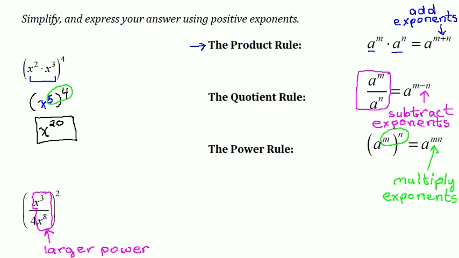I'm going to rewrite this whole thing, and as I rewrite it, I will put this power of x in the denominator. And since I have nothing left in the numerator, I want to fill in a 1 to take the place there.